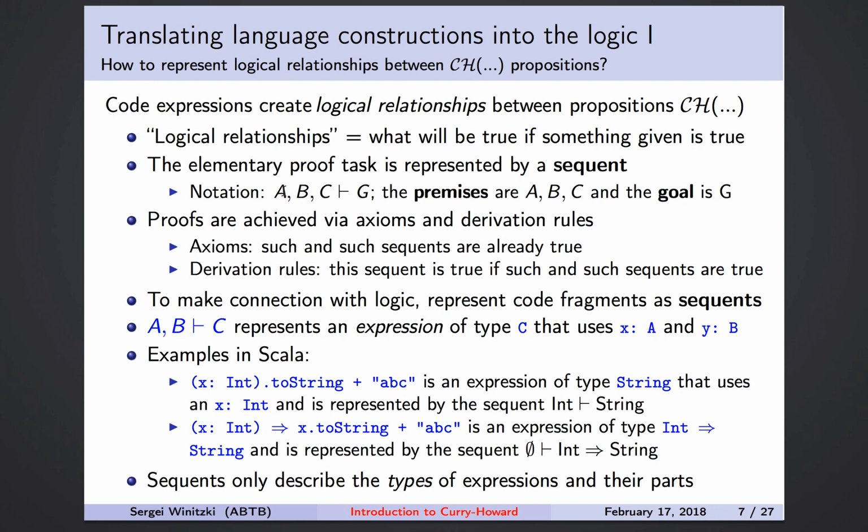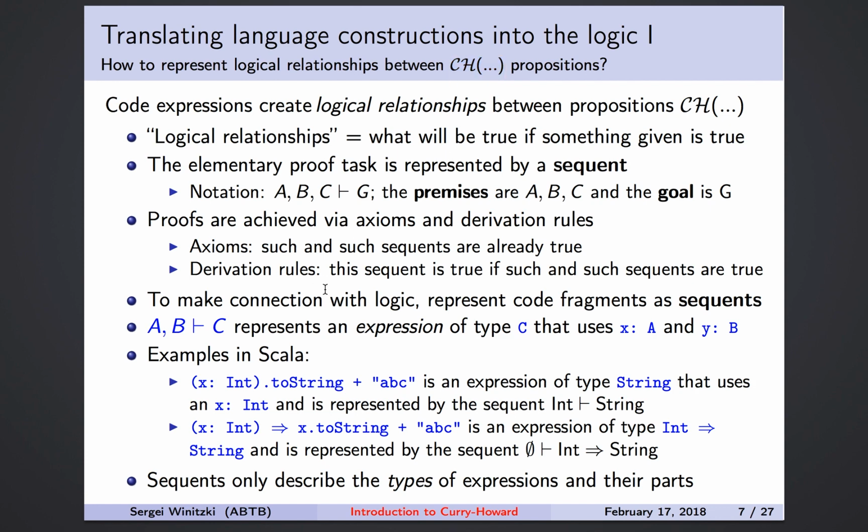So in order for us to be able to reason like this, we need to specify what are the axioms and what are the derivation rules that represent the logic of CH propositions, or as I call it, the logic of types.